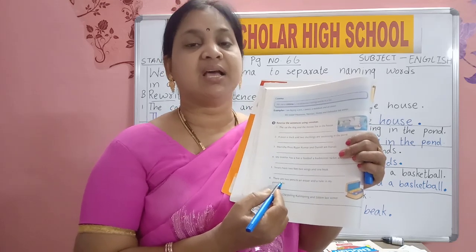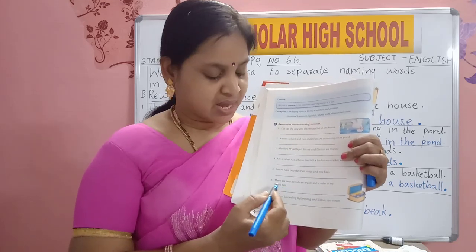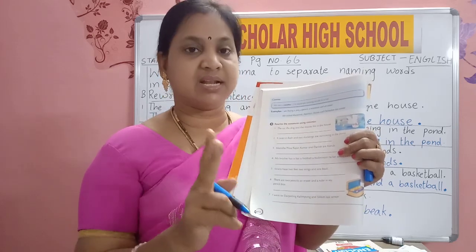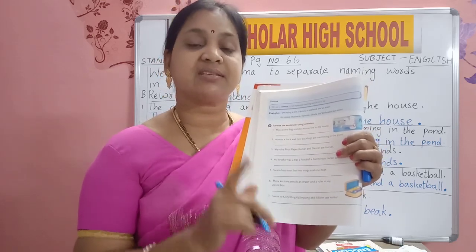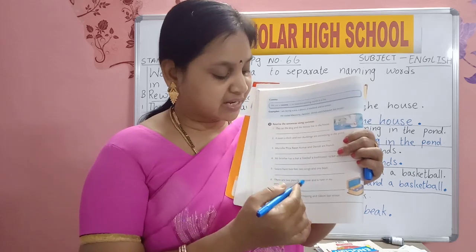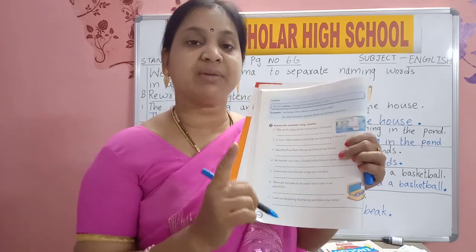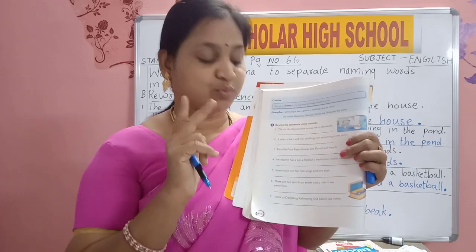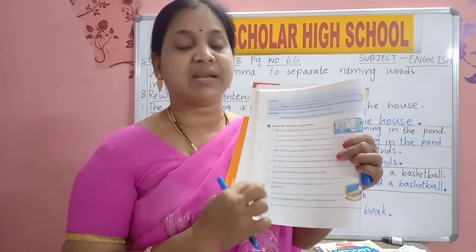There are two pencils, an eraser. An eraser means one eraser. An eraser and a ruler means one ruler. Two pencils, one eraser and one scale in my pencil box.